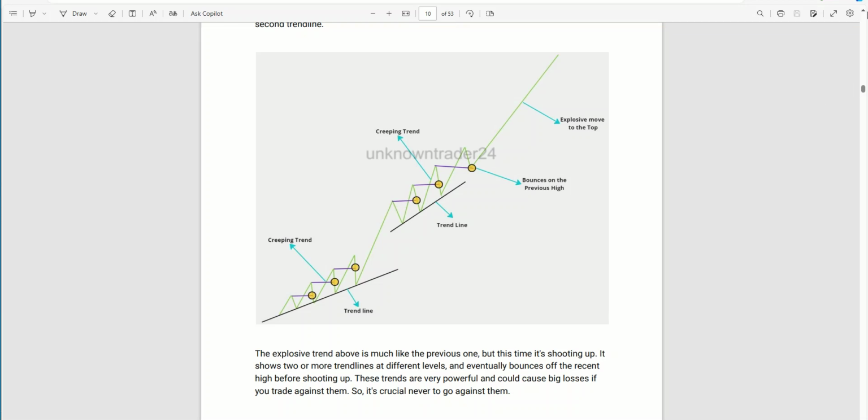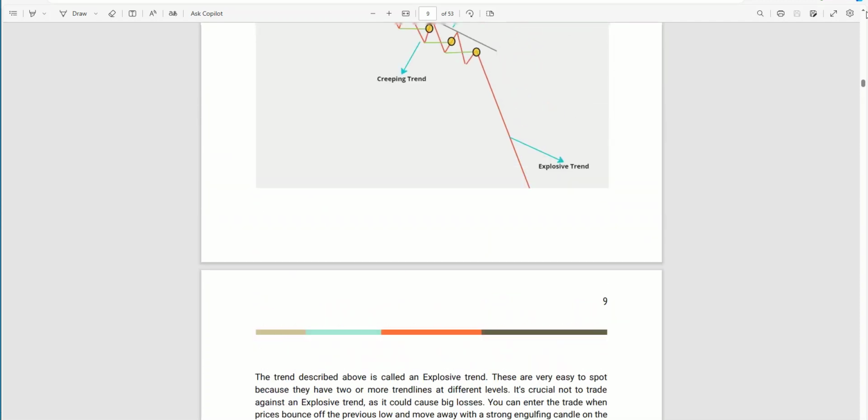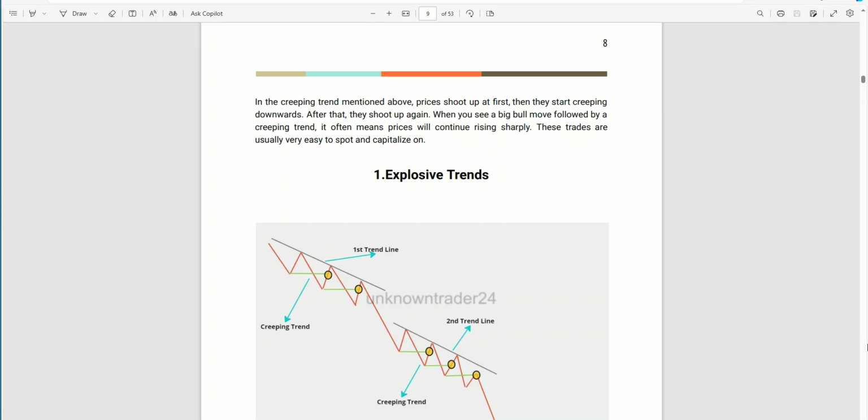I think I've put the first explanation here. The trend line described above is called an explosive trend. These are very easy to spot because they have 2 or more trend lines at different levels. It's crucial not to trade against an explosive trend.